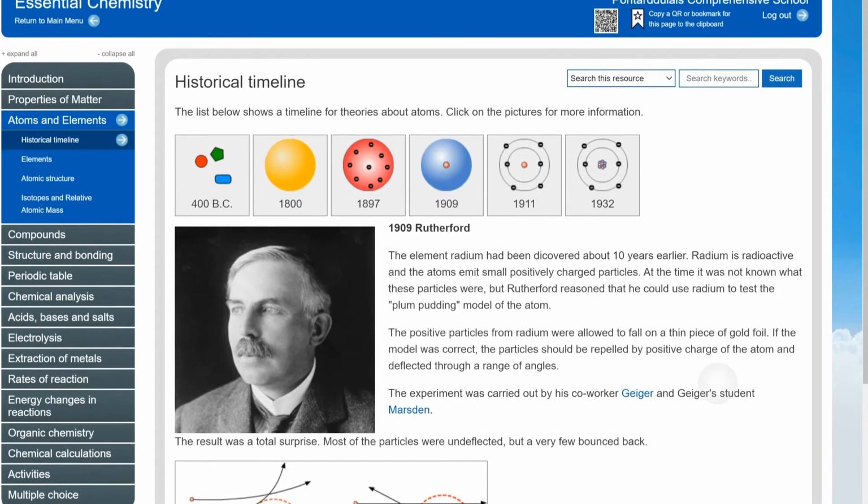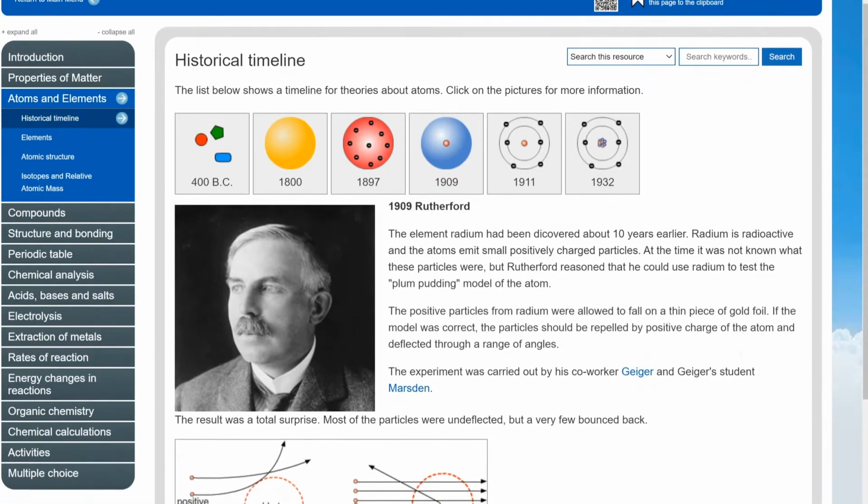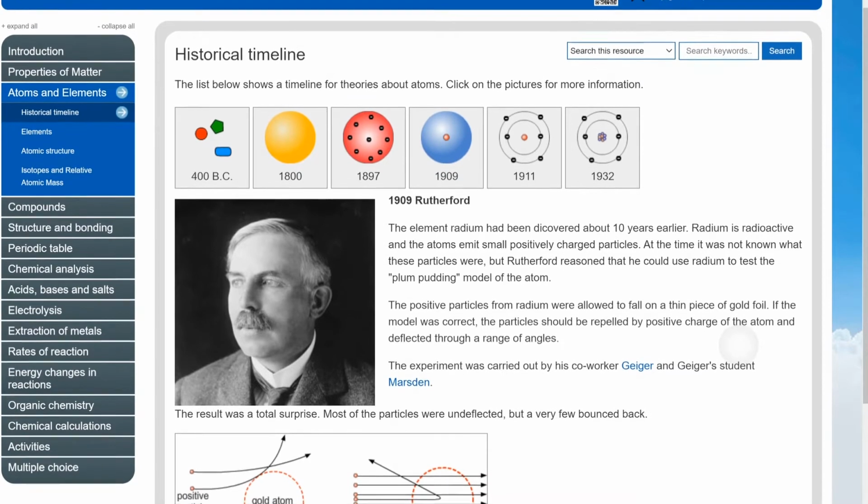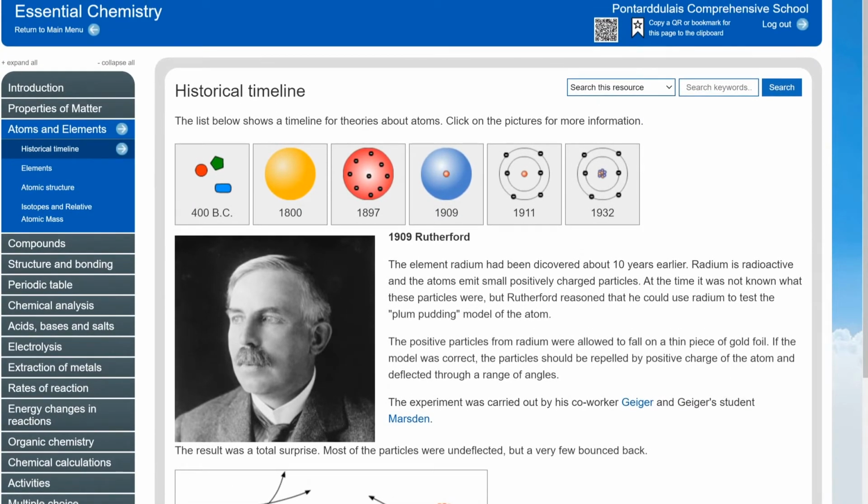The difference there being that he felt that the atom was made up of a nucleus where the protons and neutrons are located, and most of the atom was empty space.